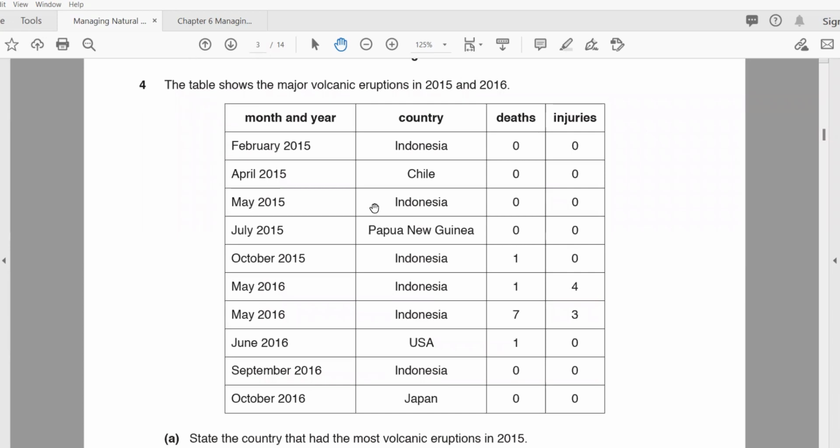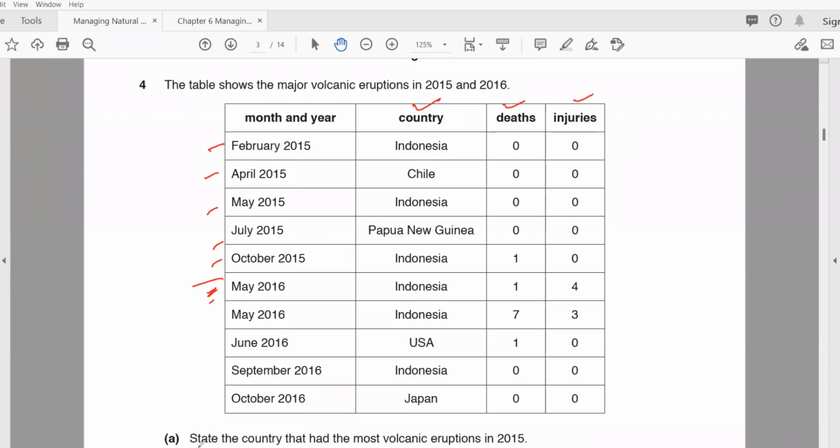Okay. Now the table shows major volcanic eruptions in 2015 and 2016. Month and year are given here, for example February, April, May 15, and then from here 16 starts, and the country is given, deaths given, injuries given.